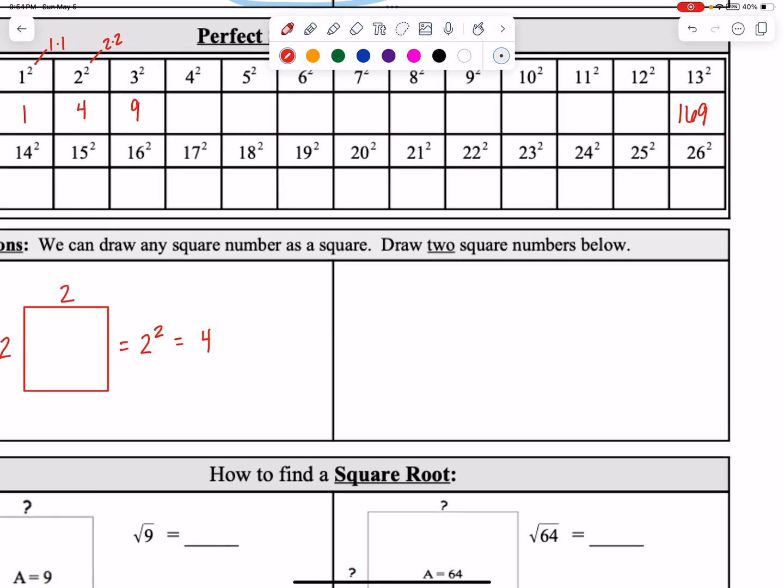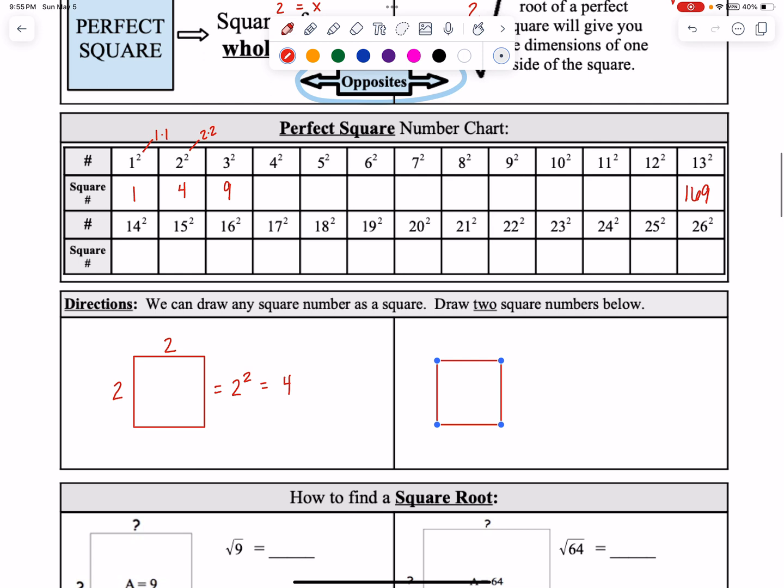All right, I'm going to draw one more square here. You can pick any one you want. Just make sure you get the square drawn. I'll go ahead and do the 4 by 4, which is 4 squared. And we know 4 times 4 equals 16. So there's the representation of that.